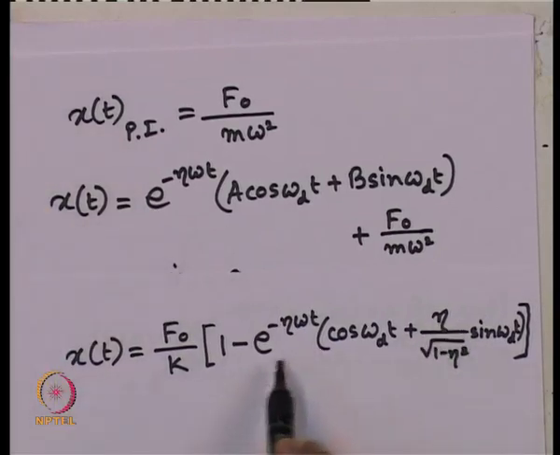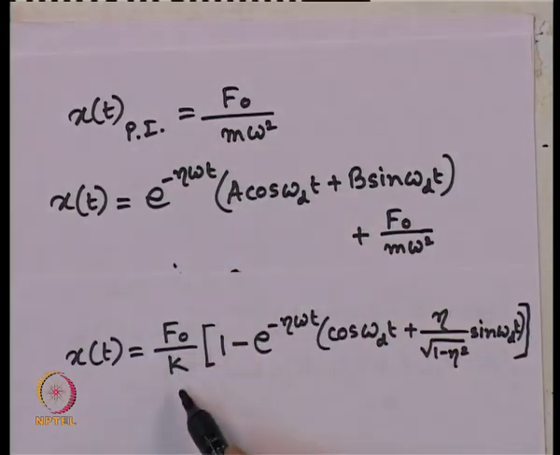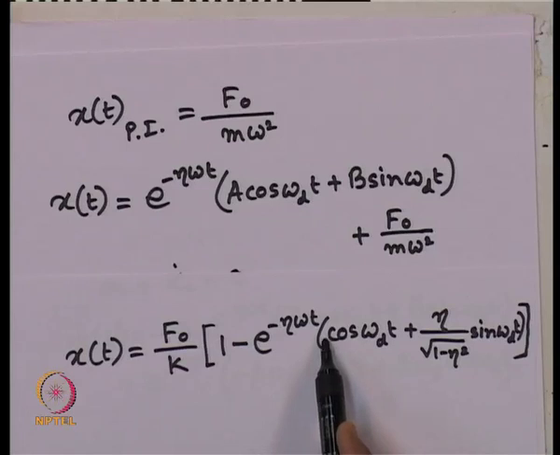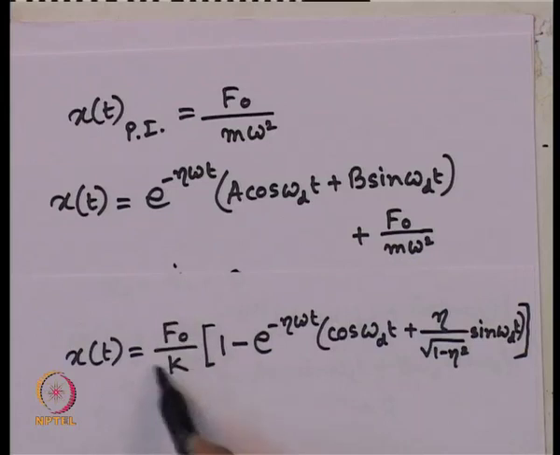So, this was our B component, f naught by k. F naught by m omega square is nothing but f naught by k, that is nothing but our A. So, the complete solution is clear.